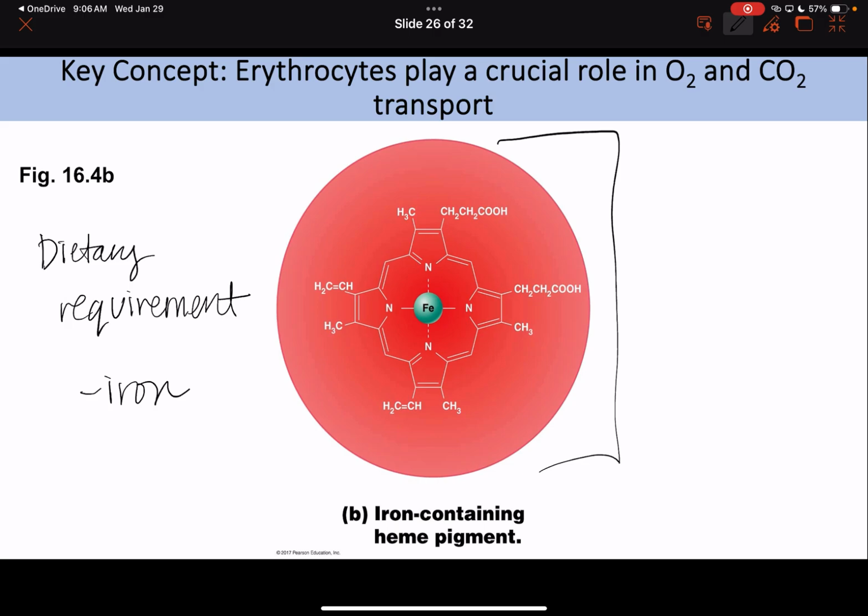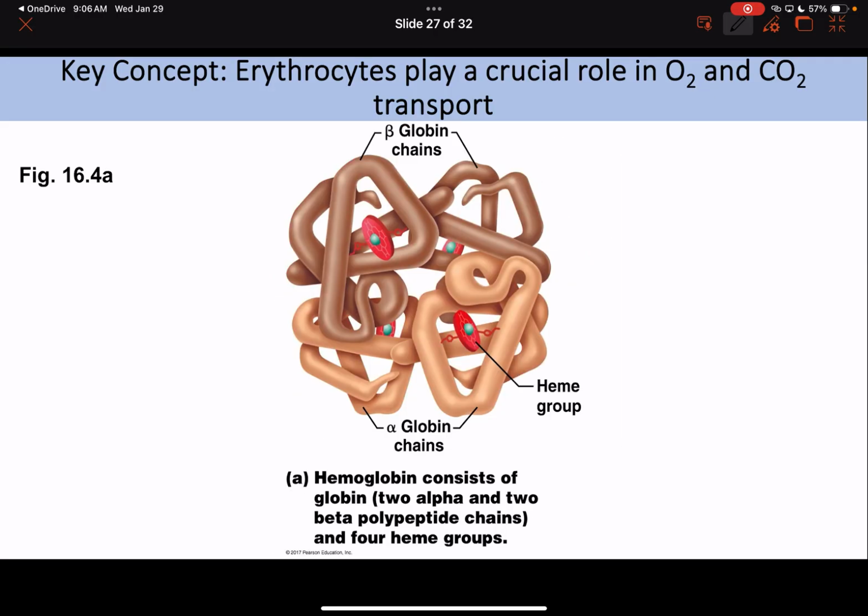So one of the types of anemia that you'll research in your homework today is iron deficiency anemia. If you're not getting enough iron in your diet, then you cannot make enough hemoglobin, and therefore you cannot carry enough oxygen. And so again, the iron is needed for that heme group, and that heme group is where oxygen binds.